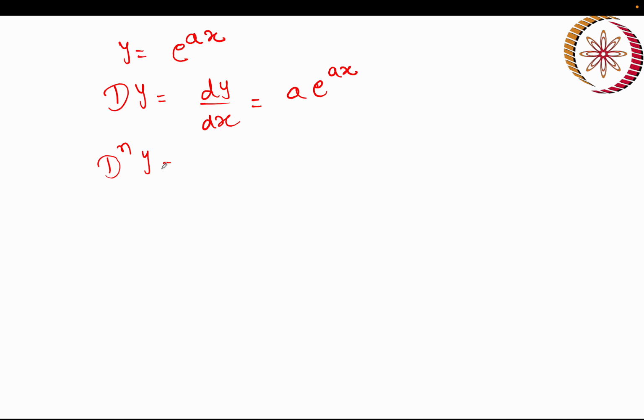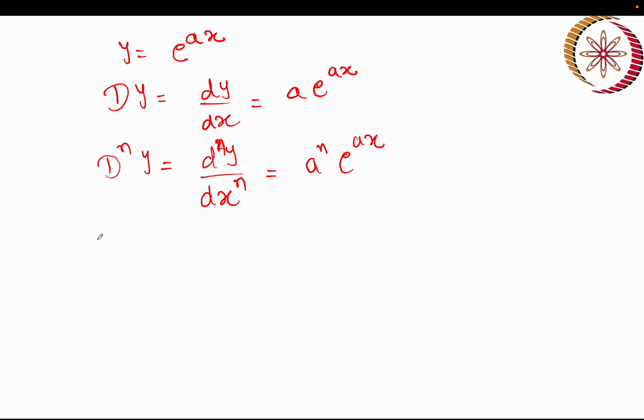Let's say y equal to e raised to ax. If we apply d to y, which is nothing but dy by dx, we get a e raised to ax, and if we apply it n times, d n y by dx n, it will be a raised to n e raised to ax.